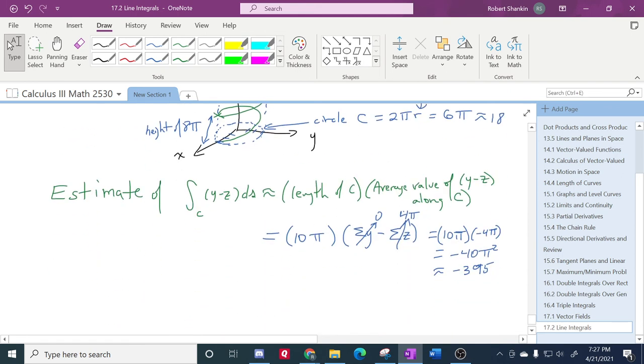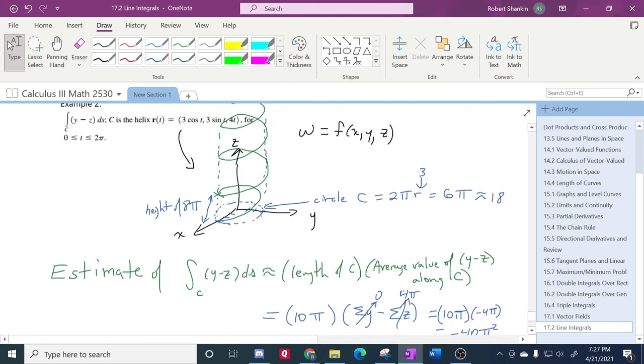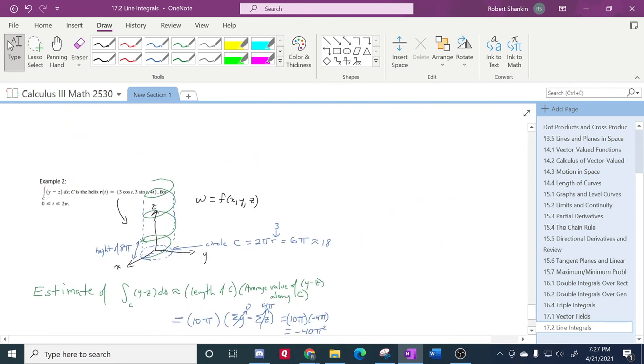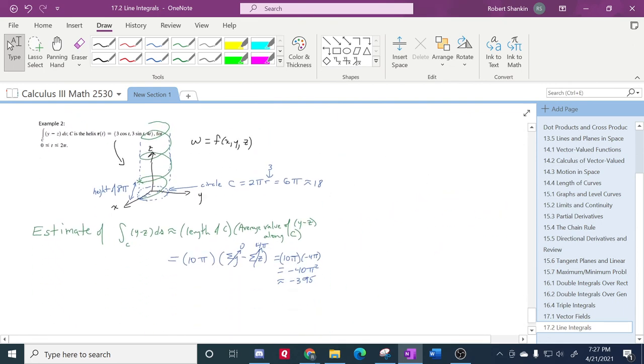And now let's compute it exactly. Let's start this time by going over here to r prime. And when you take the derivative of cosine, you get negative sine. Take the derivative of sine, you get cosine. Take the derivative of 4t, you get 4.